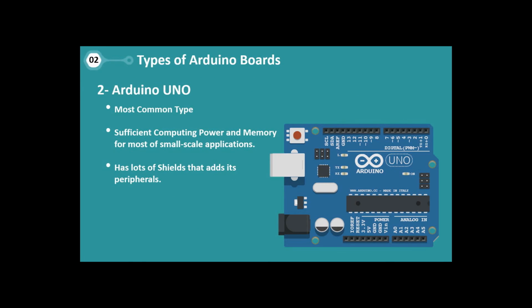The second type, and the most common type in the market, which we will deal with, is called Arduino Uno. As I mentioned before, it's the most common type in the market. It has sufficient computing power and memory.